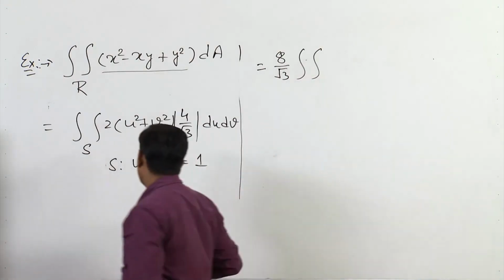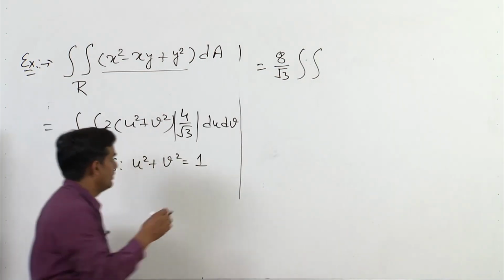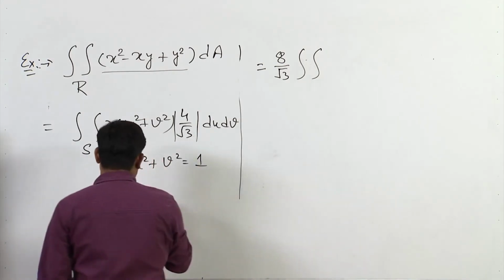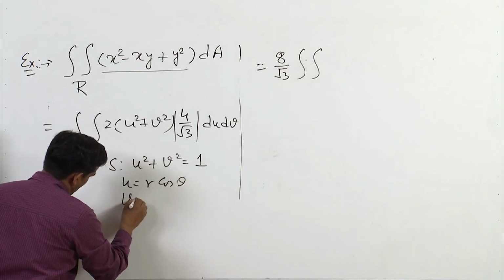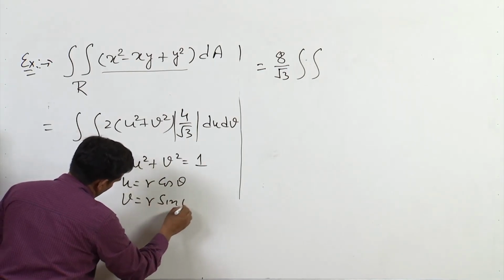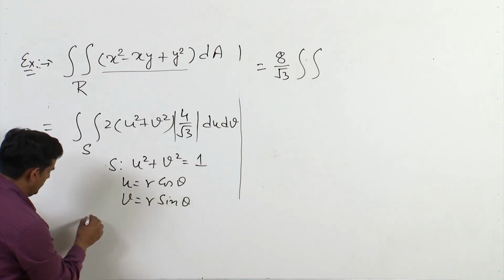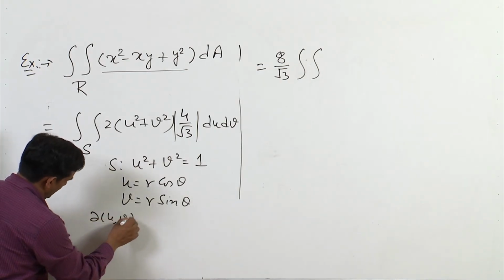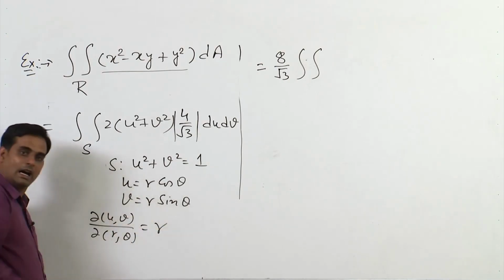If I change it into polar coordinates, because it is a circle, it means again a change of variable, u equals r cos theta, v equals r sin theta. So, del u v over del r theta will become r.